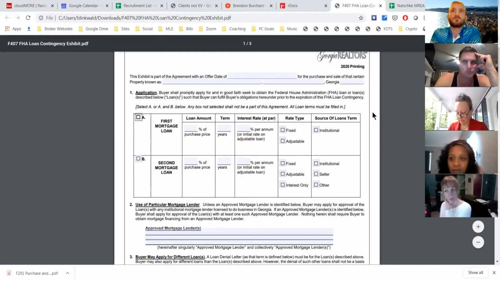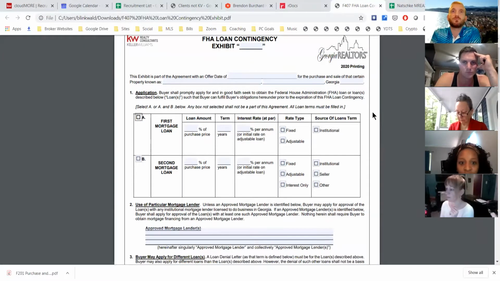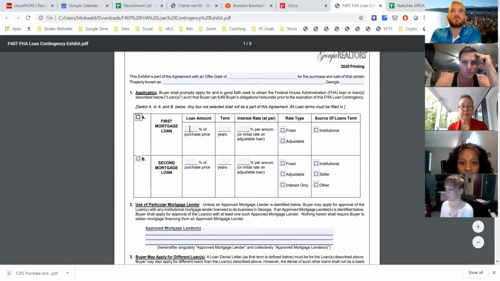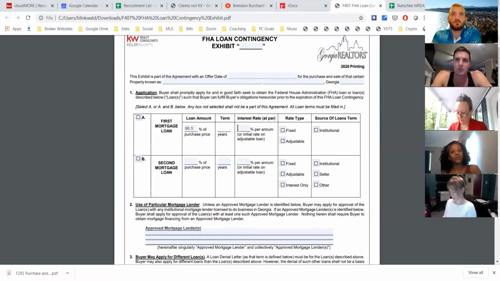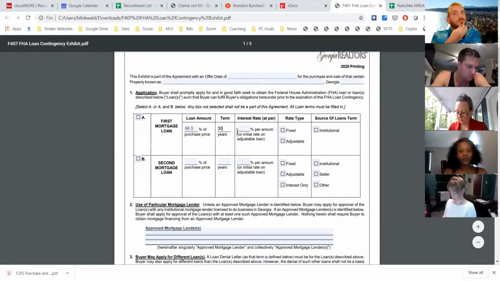So the vast majority of the time that a buyer is going to do an FHA loan, this is going to read 96.5%. Okay. That's because 3.5% is what they're bringing. That's their down payment. 96.5% is what they're borrowing. Okay. More often than not, it's a 30-year loan.